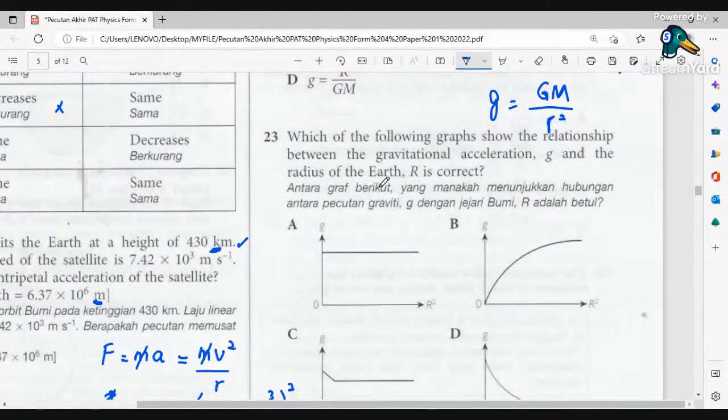Okay, number 23. Which of the following graphs shows the relationship between gravitational acceleration and the radius of the Earth R correctly?